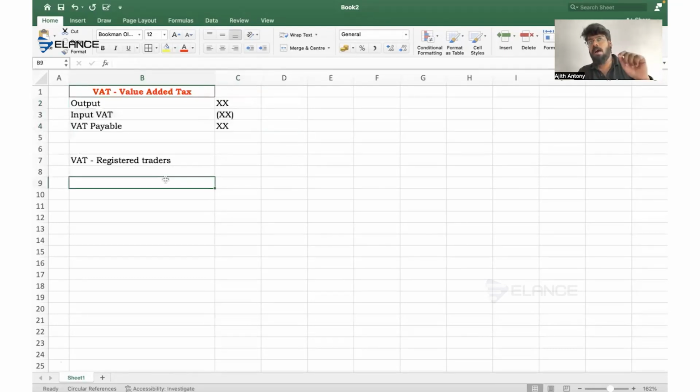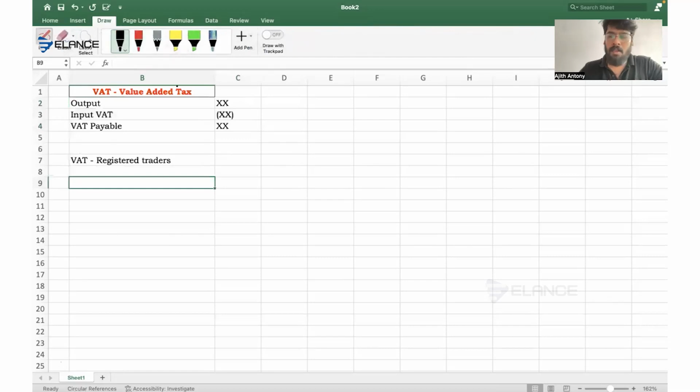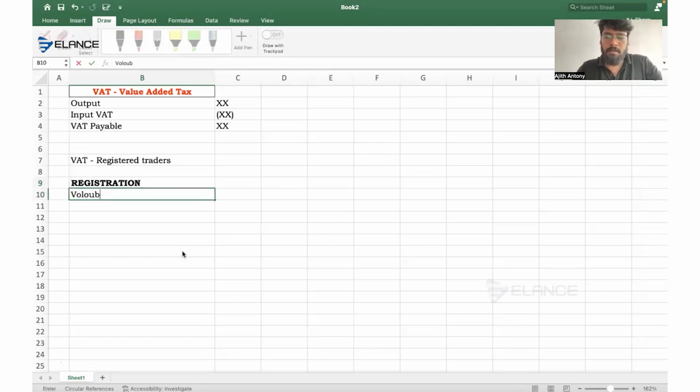So how can a trader register for VAT? There are two types of VAT registration. The first one is voluntary registration, and the other is compulsory registration.